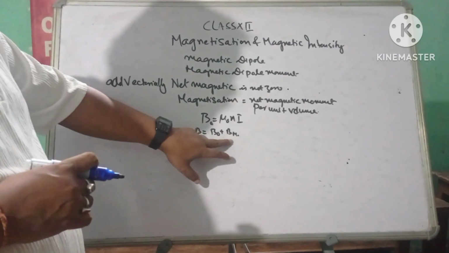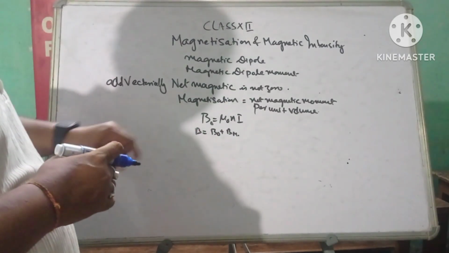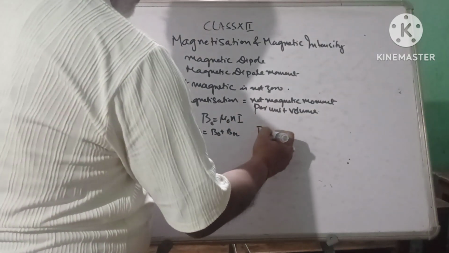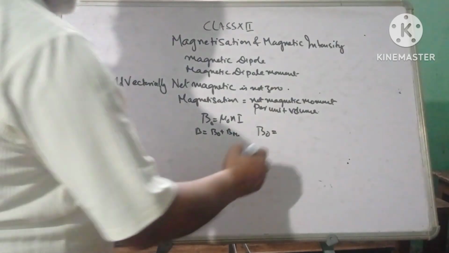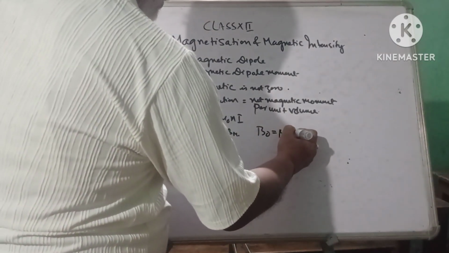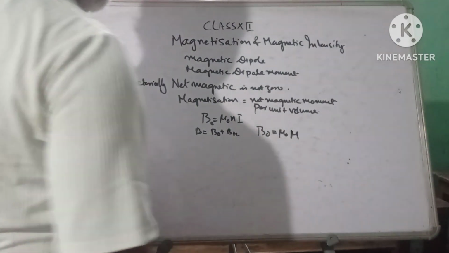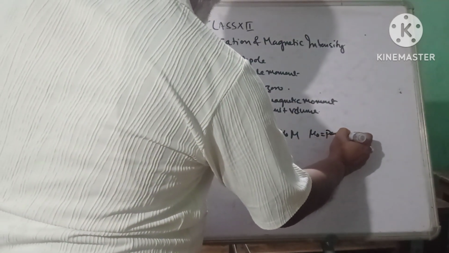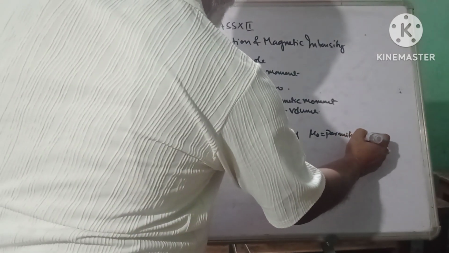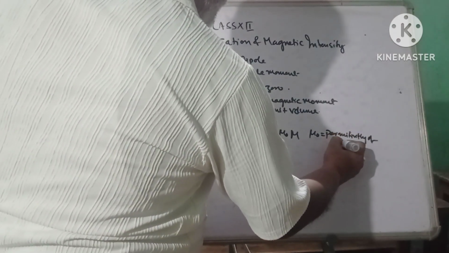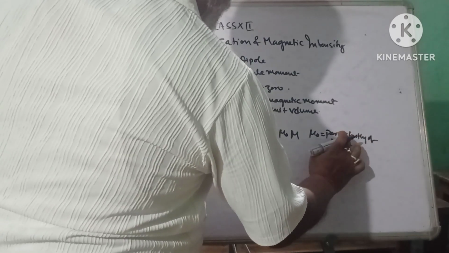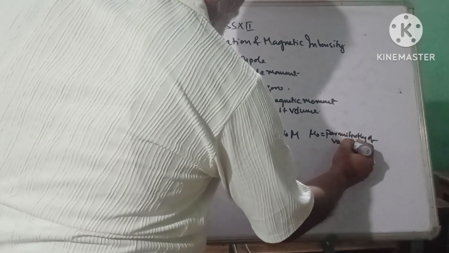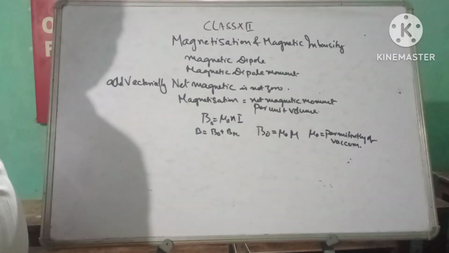So this field due to the material is proportional to the magnetization, that is mu naught M, where M is the magnetization and mu naught is the permeability of vacuum.